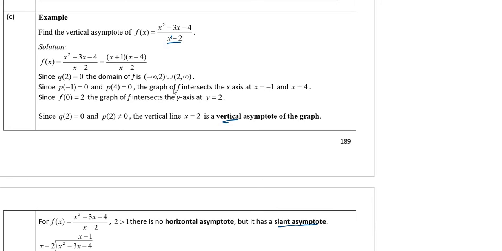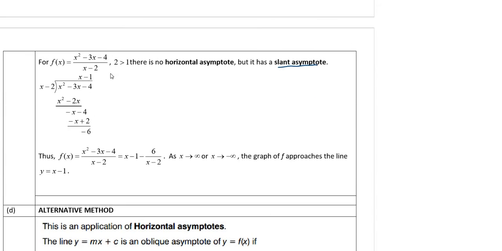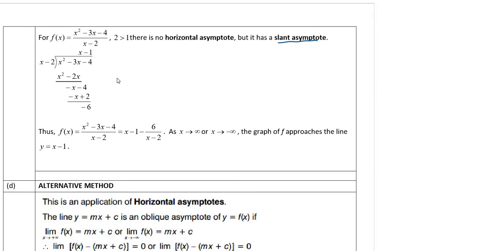So all the other steps stay exactly the same. We will factorize, we will find the x-intercepts, we will find the y-intercept by making x 0. The vertical asymptote when the bottom is 0, just like we've done it. But now when we get to the step of horizontal or slant, we see top heavy.